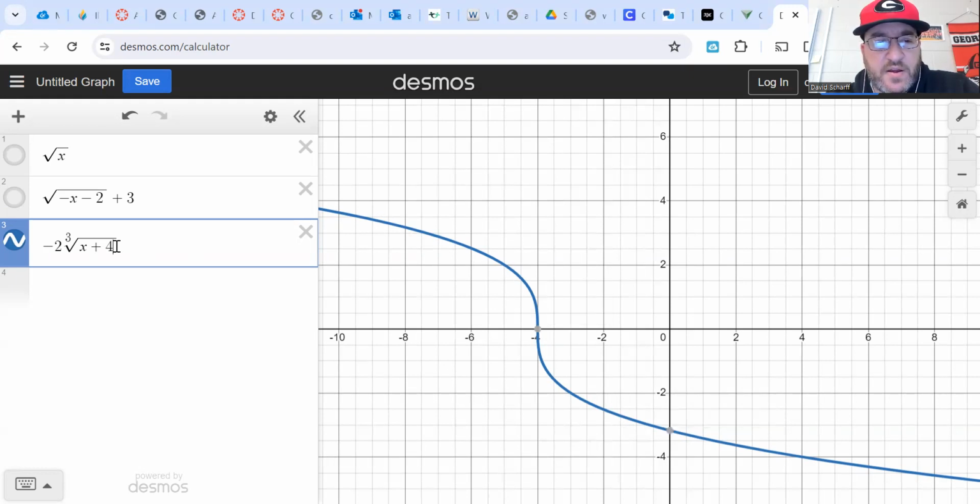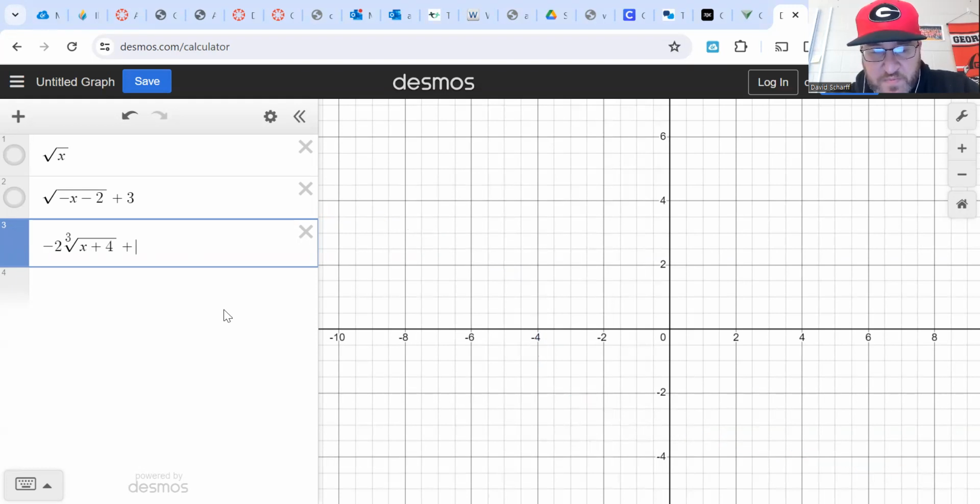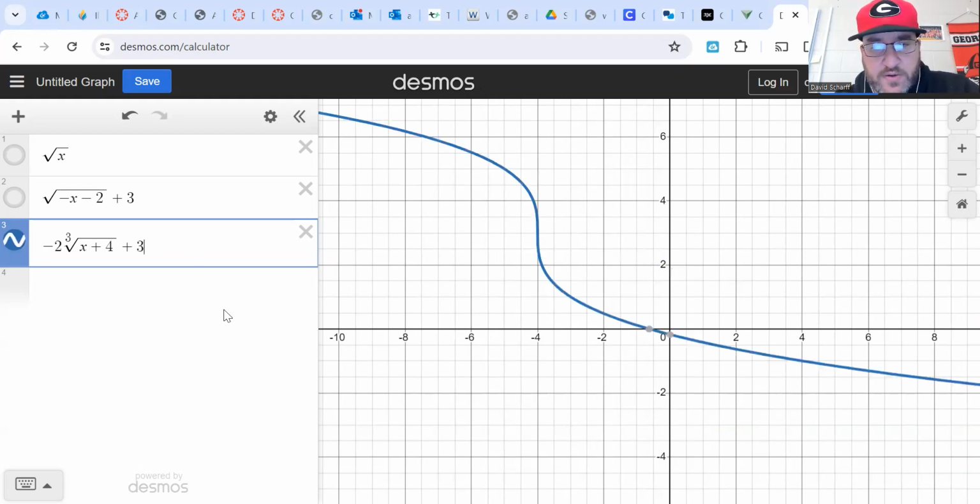Let me try to add another number so y'all see what I'm talking about. So now if we move this up, let me move it up. And now if we move this up, vertex, so it came up.